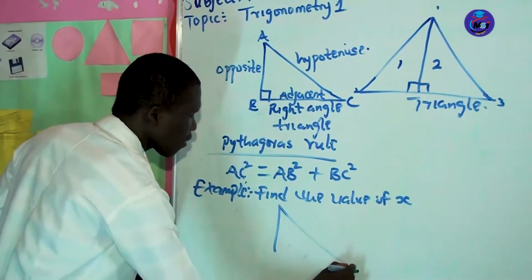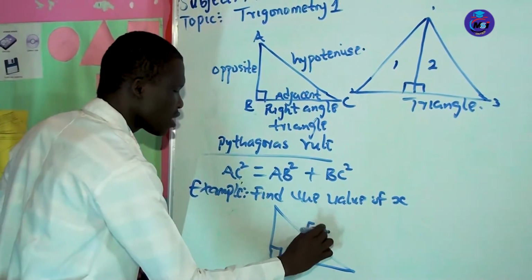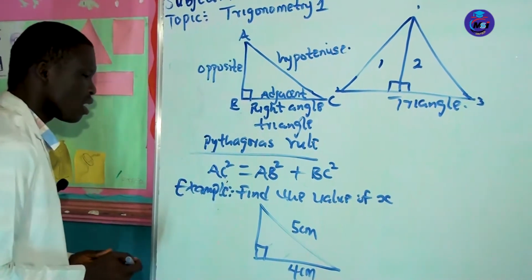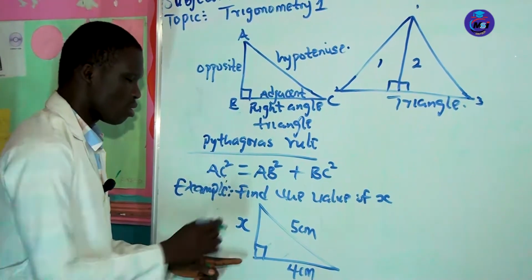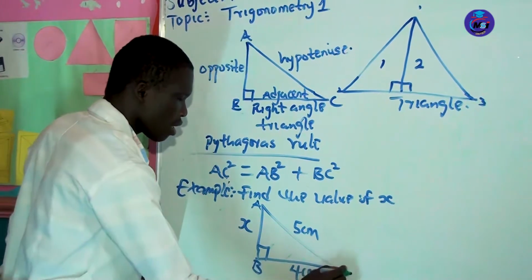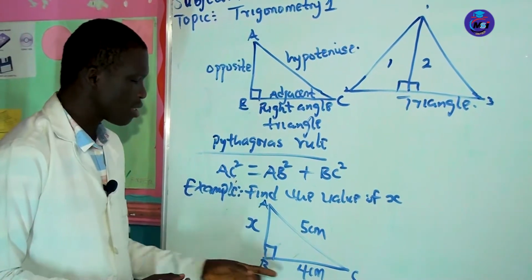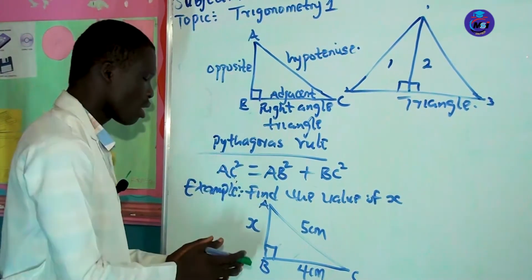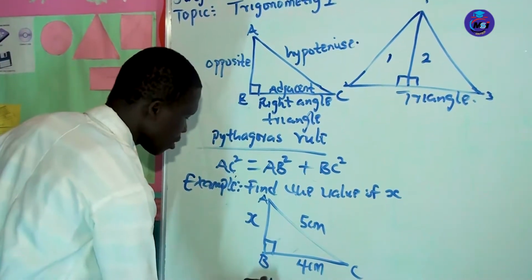If you have something like this, 5 centimeter and 4 centimeter, we don't know this value x. Remember, you put A here, B, and C. Sometimes in a question, they will not give you A, B, C, but you will use your initiative to give this A, B, C. Now, let's solve this together.